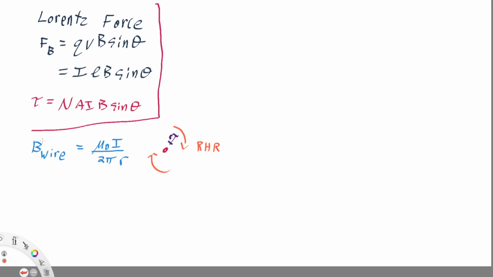Once we have a way of producing a B field through a current, this can apply to everything that we learned last week. So whether it's a B field that's produced by a permanent magnet or by a piece of current carrying wire, the effect is exactly the same.